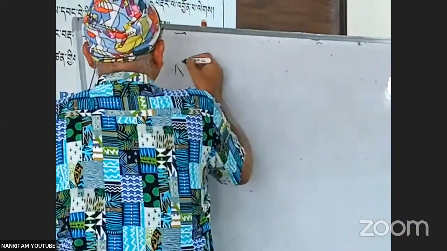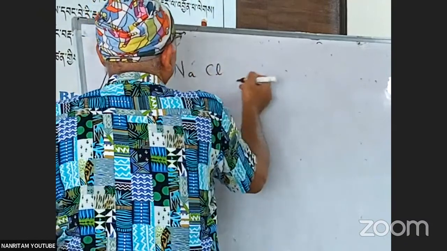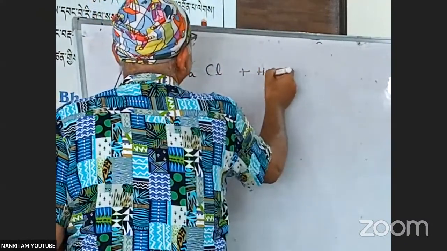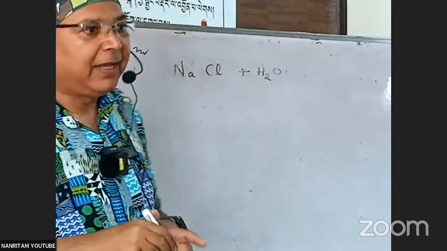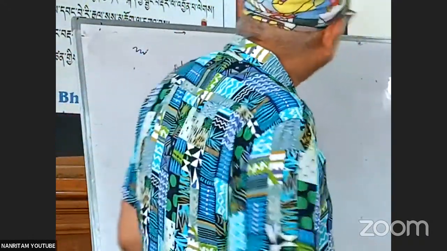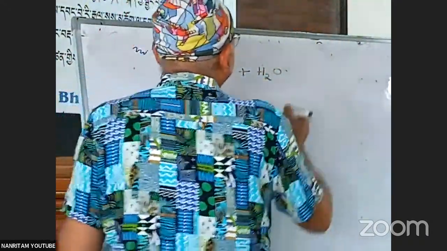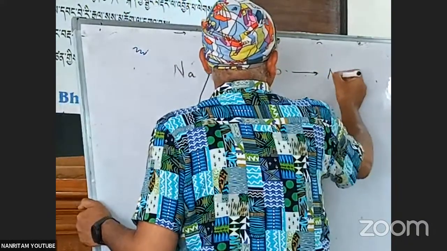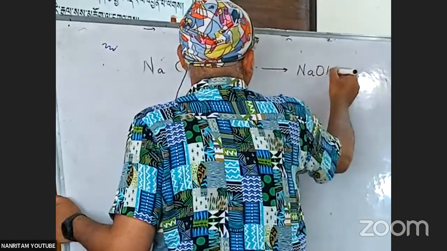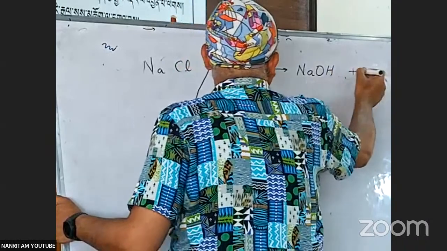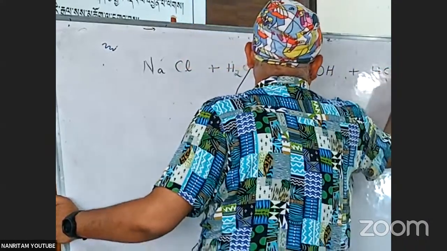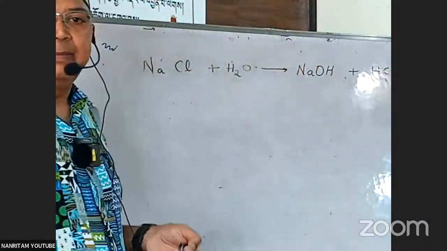Yes. So we have NaCl, and we will put it in water, and we have to add it for electrolysis, right? So what will happen? What we teach in the class is NaOH will be formed plus HCl will form.